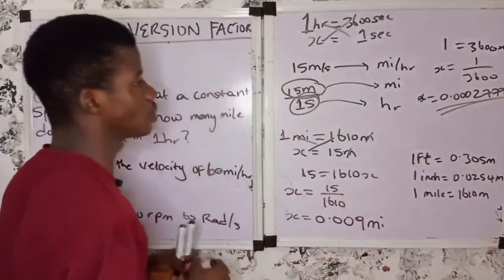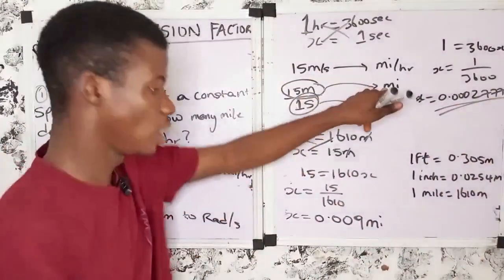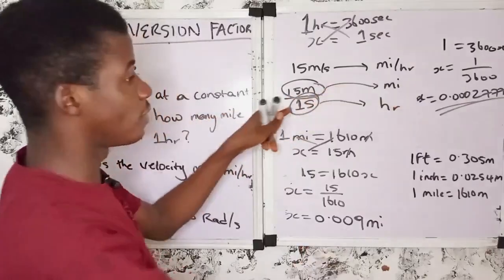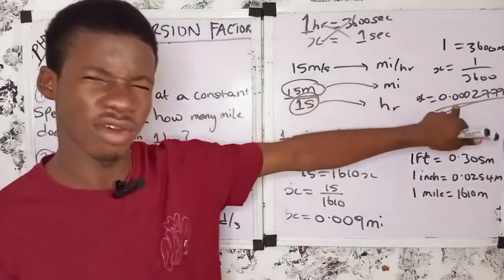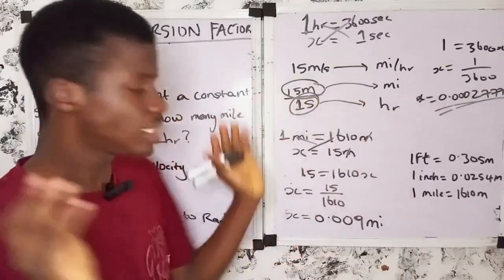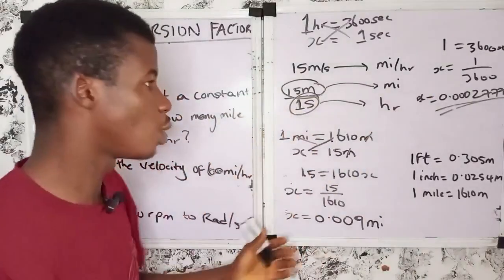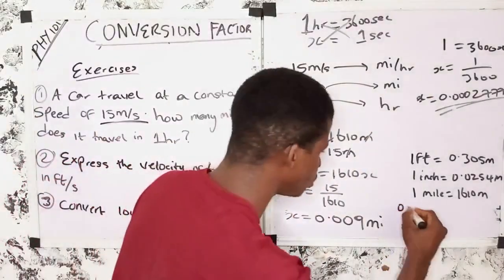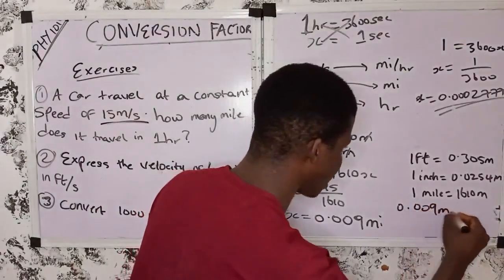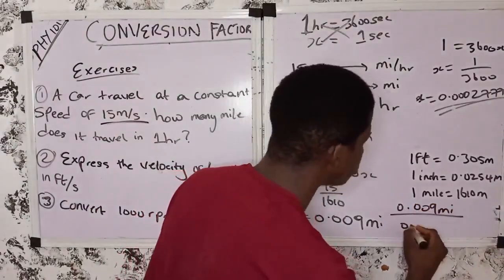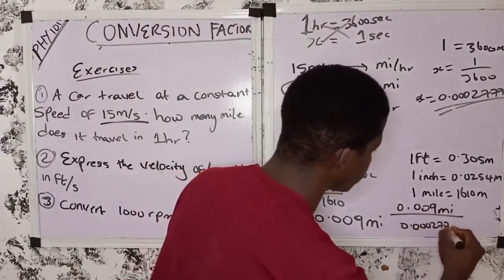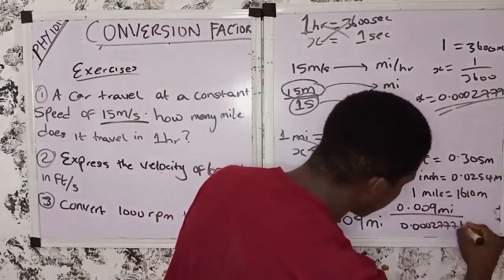Okay, so what have we done so far? We have converted 15 meters to mile, our value is this. We converted 1 second to hour, our value is this. Then these two values, we divide, and we have our final answer. So 0.009 mile divided by 0.0002777 hour.